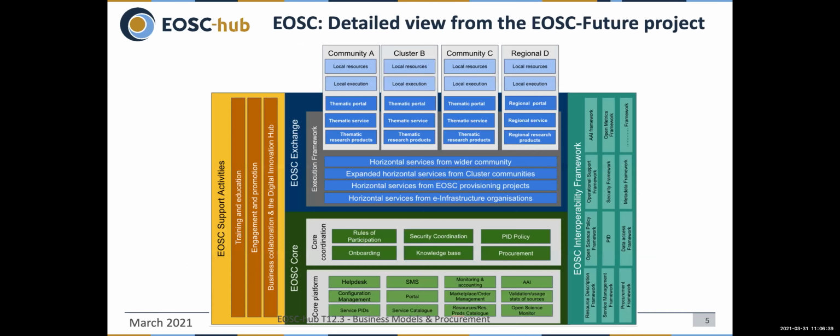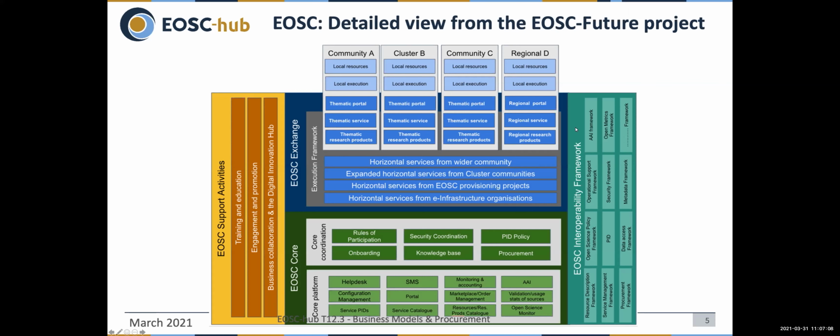And here, if we want to zoom into this minimum viable ecosystem, we have this very recent diagram from the EOSC Future project. The EOSC Future project formally is expected to start tomorrow, actually. And this is a diagram from the technical group, where you can see more details on what each of these components entails.